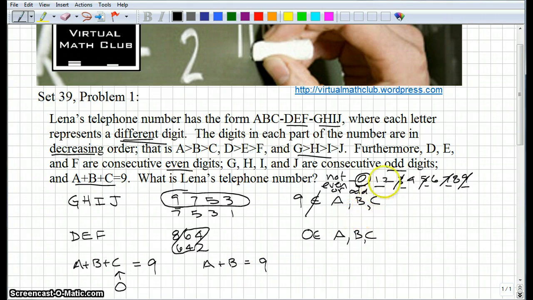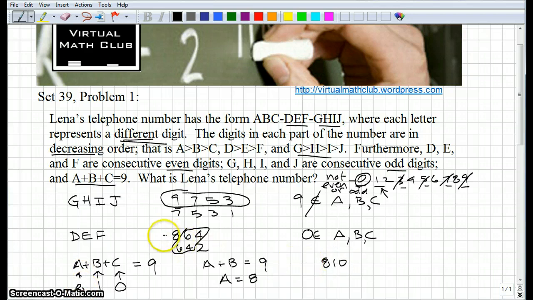And we have one odd digit. It wasn't in the last 4 digits, and it can't be in DEF, so it has to be here, so that has to be a 1. So A has to be equal to 8 in order for these digits to sum out to 9. So we've got 8, 1, 0.